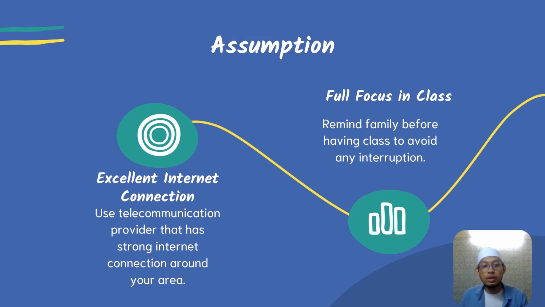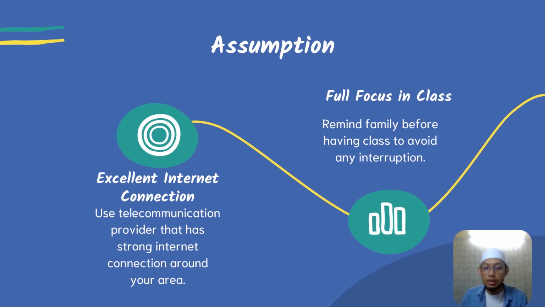It is a student who uses a telecommunication provider that has a strong internet connection around their area. So a student should find the telecommunication provider that has a strong internet connection around their area.